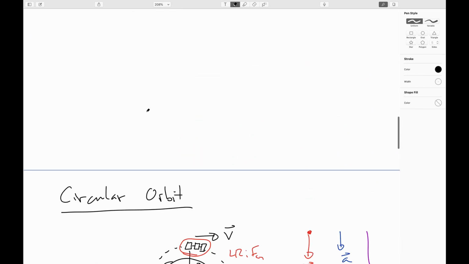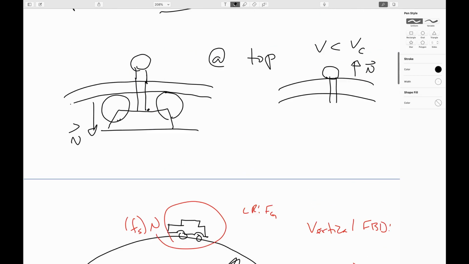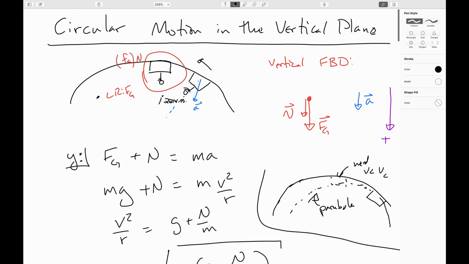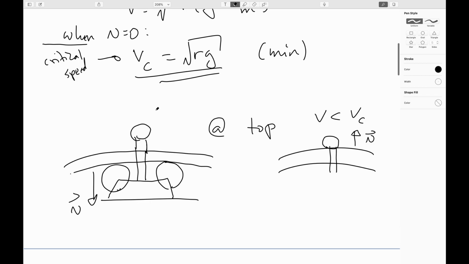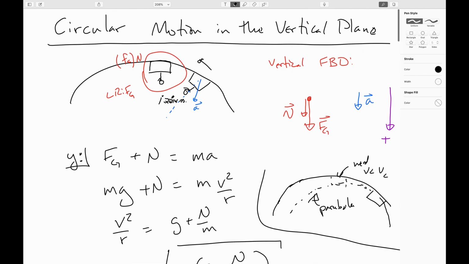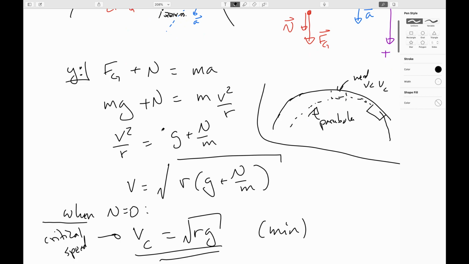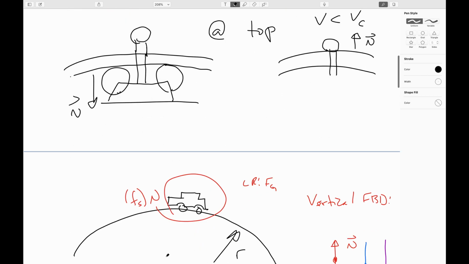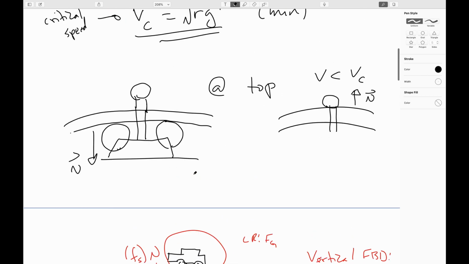And it kind of makes some sense, because if you think about it, this is the limiting case between our loop-de-loop roller coaster and our car going over a hill. With our roller coaster, the normal force had to point into the center of motion. Here, it had to point out.